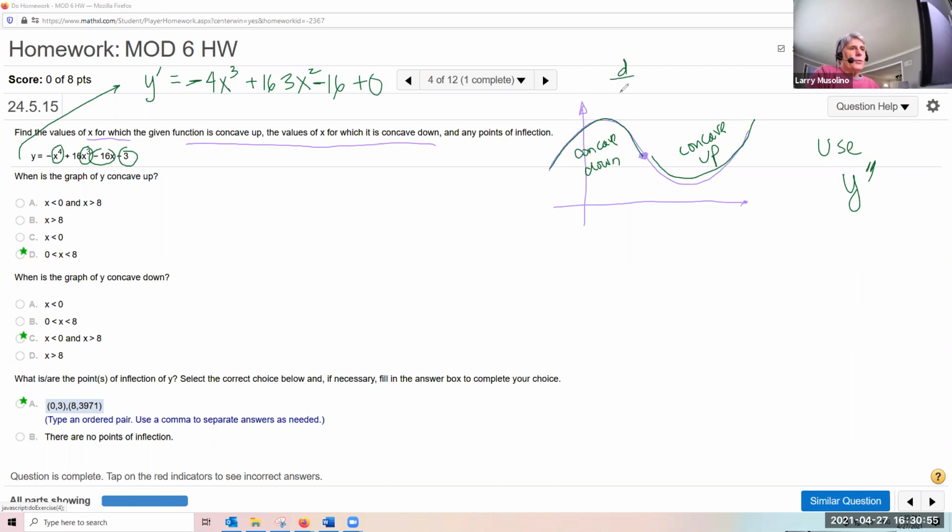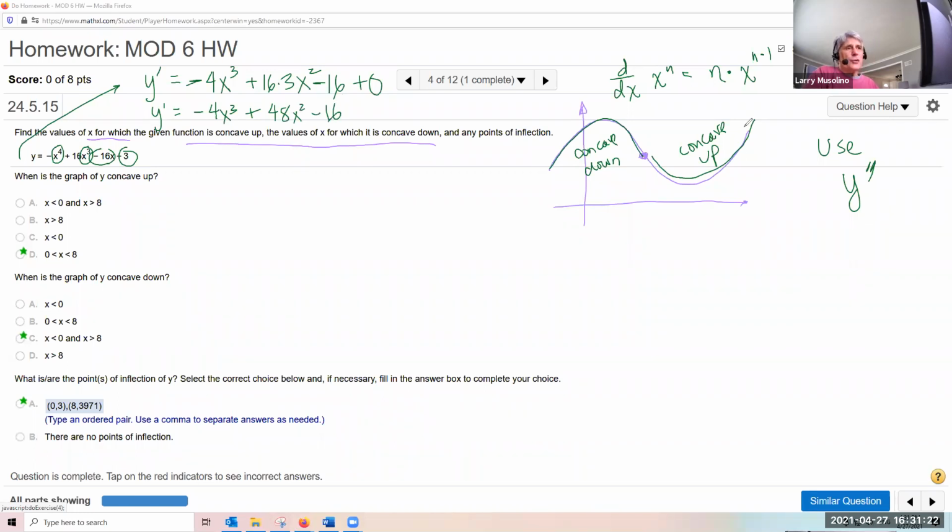I'm using this derivative rule that says when you want to take the derivative of x to an exponent, you bring the exponent down in front as a multiplier, and then write x with an exponent 1 less than the exponent you started with. So y prime is negative 4x to the 3 plus 48x squared minus 60.